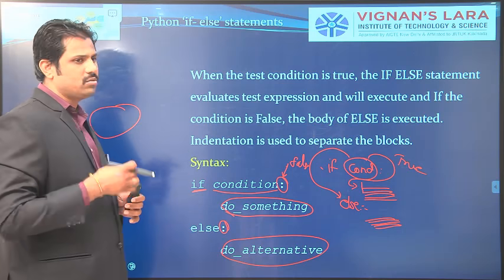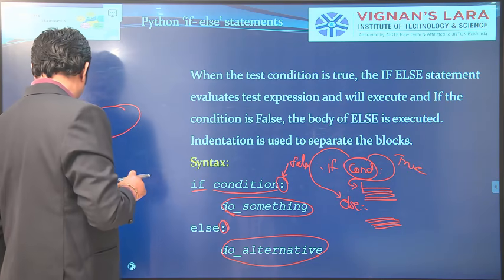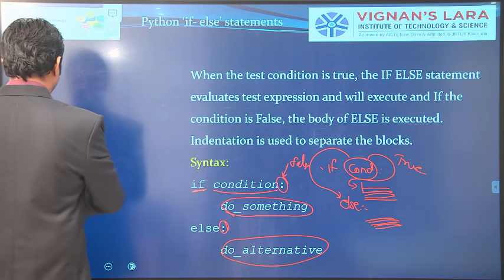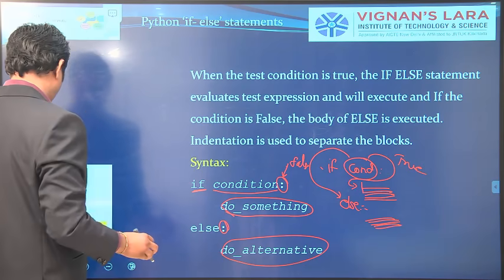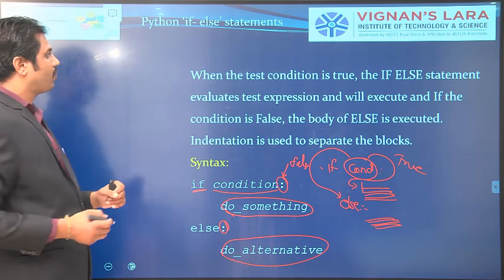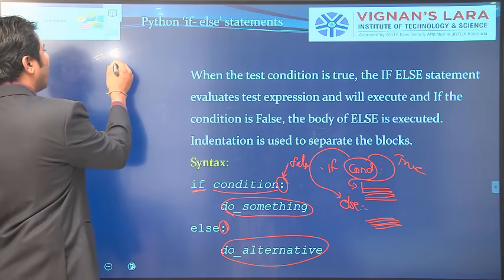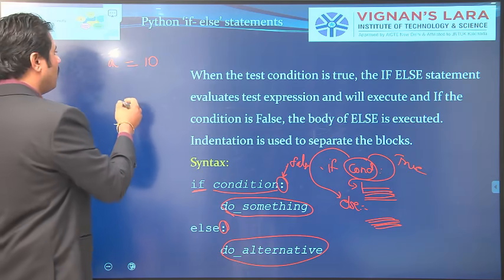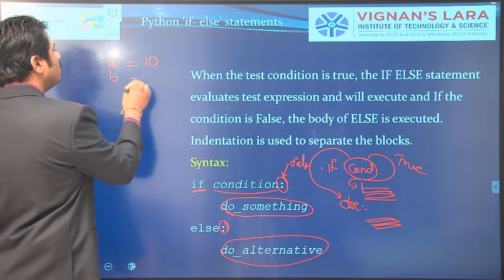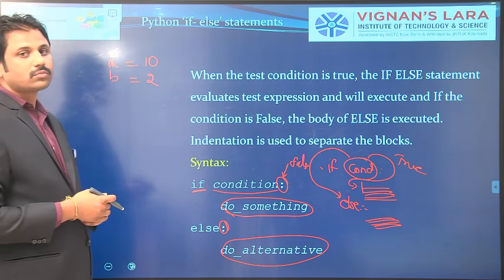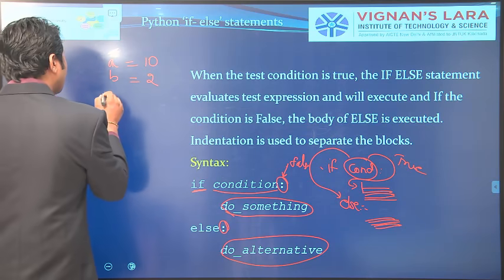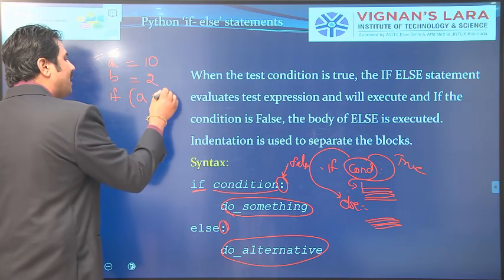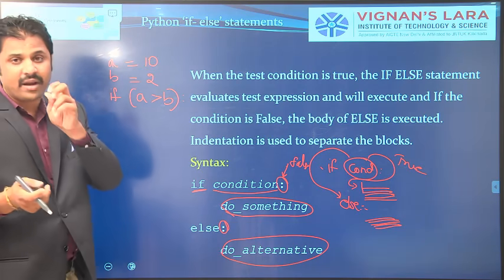So let us see these statements with a small example. I am going to write A equals 10, B equals 2. I am going to write a statement: if A is greater than B, I am writing a condition.